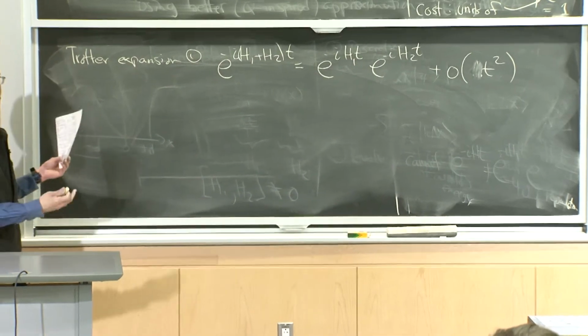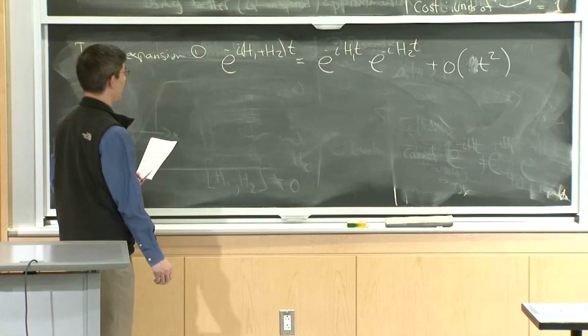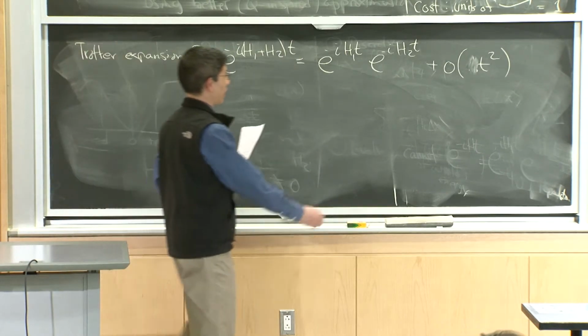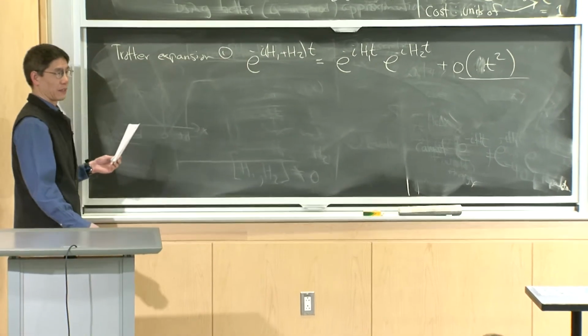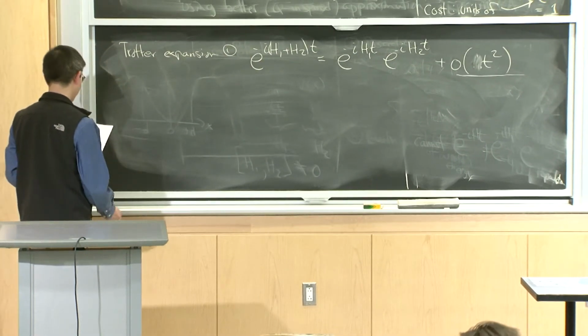Okay, and this is true for small delta t's. And so now let us look very carefully at this error term and see what the consequences are.